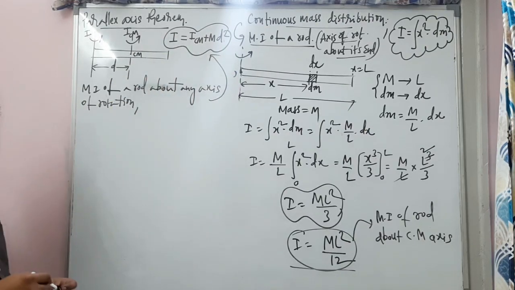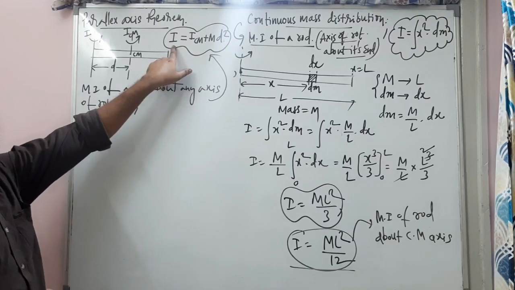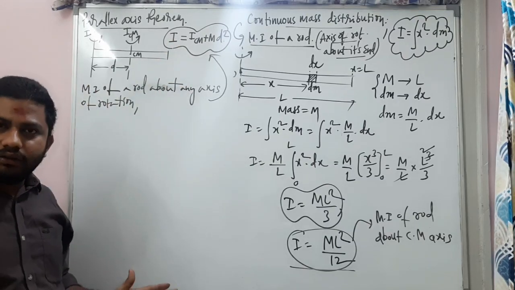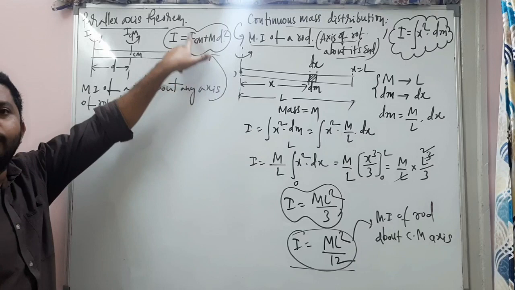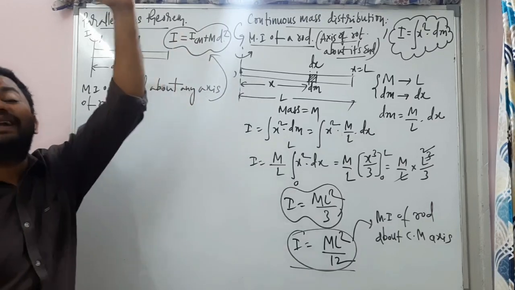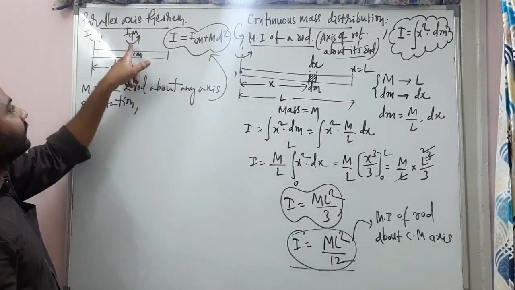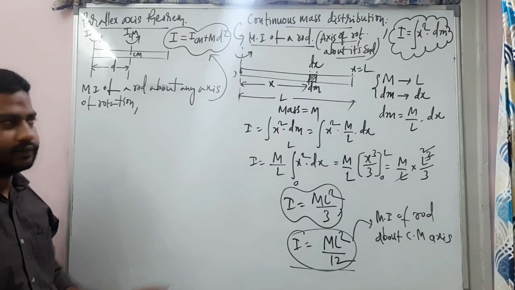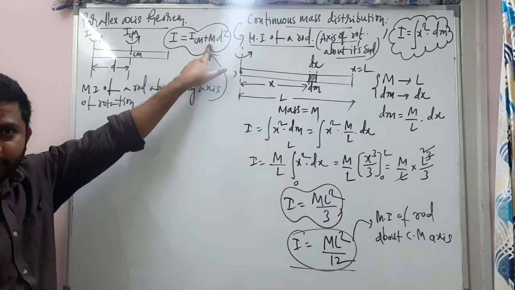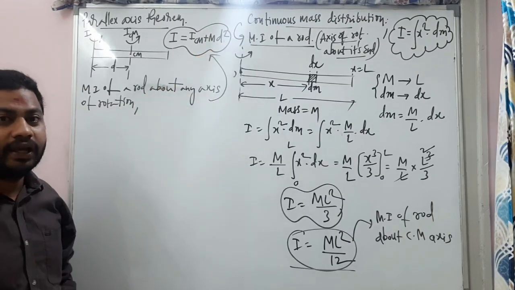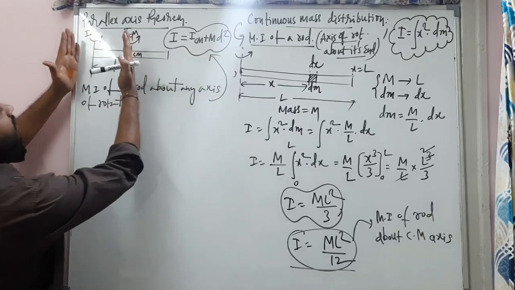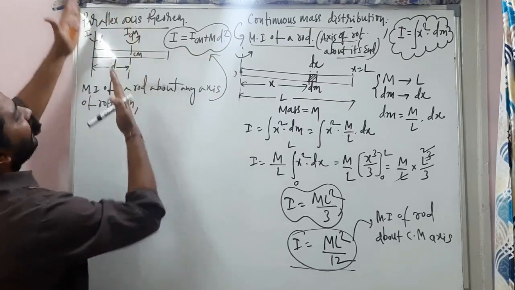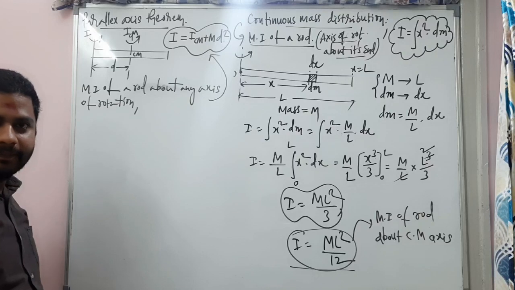What is that? I, moment of inertia of the rod about any axis of rotation. ICM, moment of inertia of the rod about center of mass axis, plus mass of the rod into D square. What is D? Perpendicular distance between center of mass axis and any other axis.